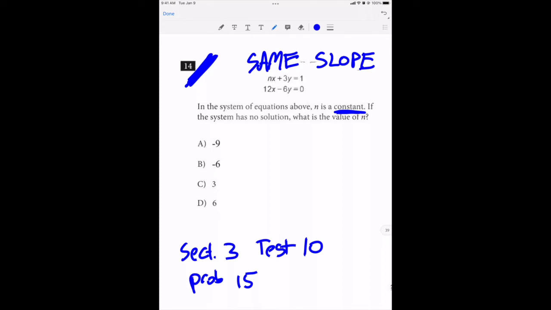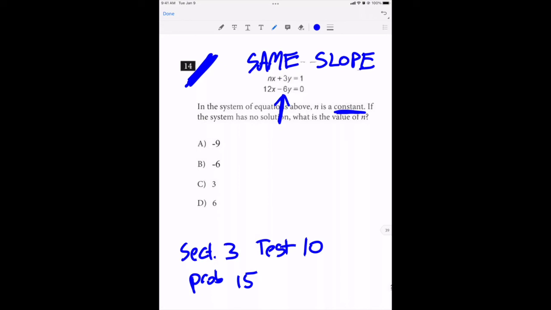So we're going to make n whatever we need it to be in just a moment, but first and foremost, I'm going to try to make sure that I get the coefficients in front of y lined up as the same. I am going to take that bottom equation and divide it by -2. That might seem like a strange choice, but by doing that, I'm going to take care of this 6 and get it to match up with that 3y.